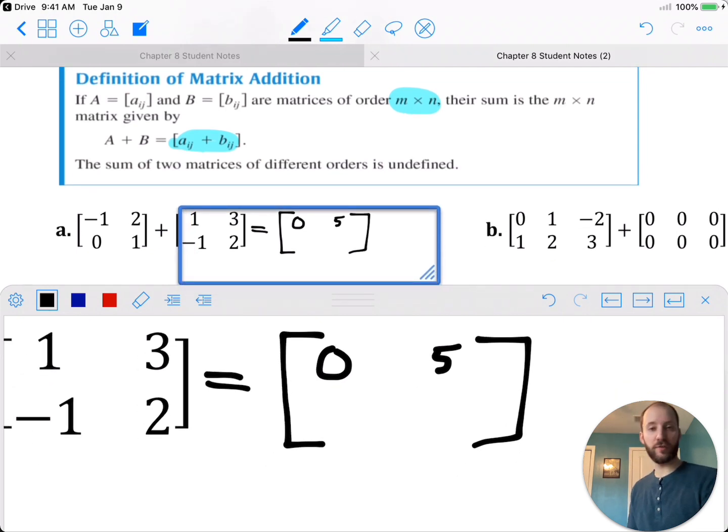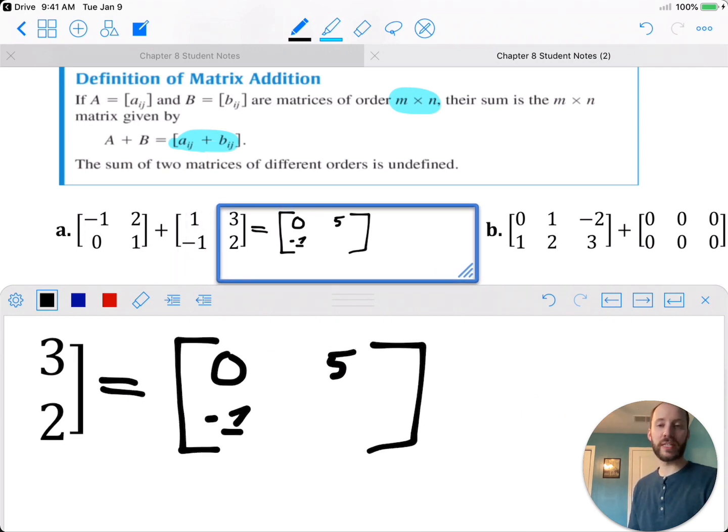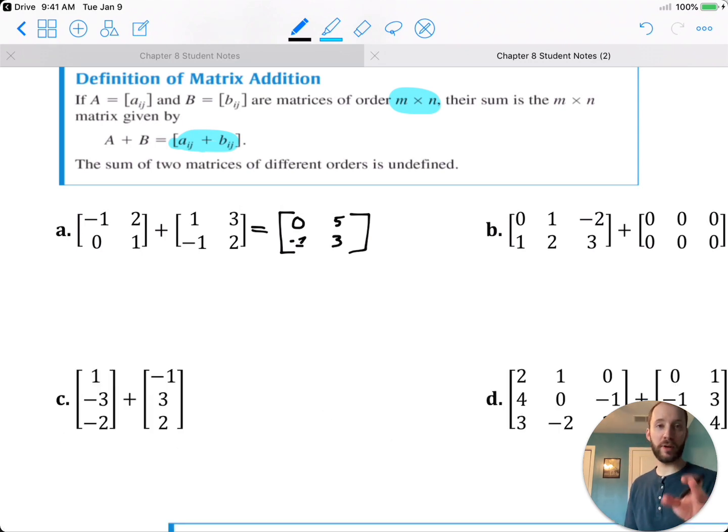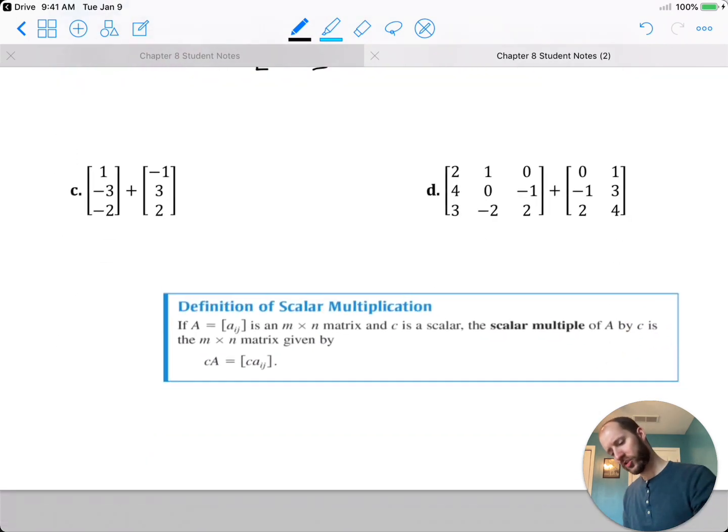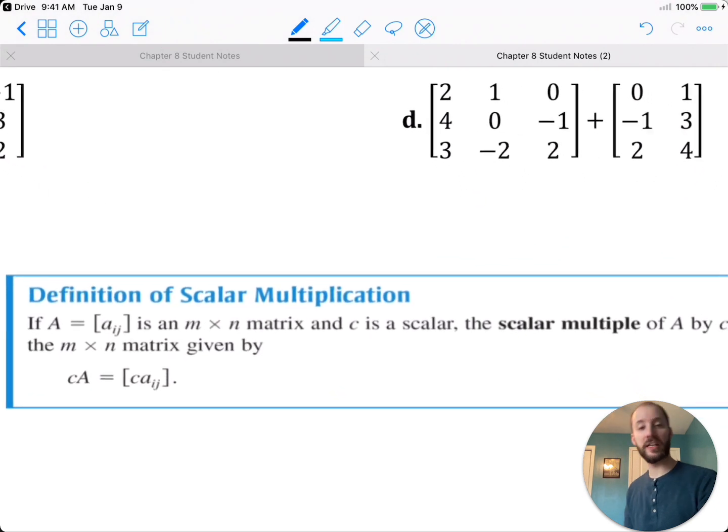From the second row, first column, 0 and -1, -1. Second row, second column, 1 and 2. That's 3. And remember, addition or subtraction, of course, they have to be the same order, okay? So look at the rest of those. Check your answers with my complete notes online.